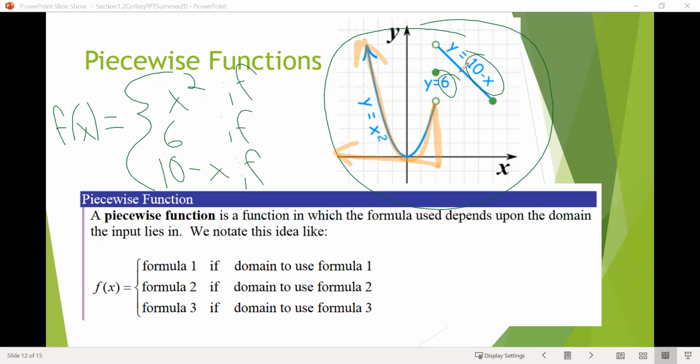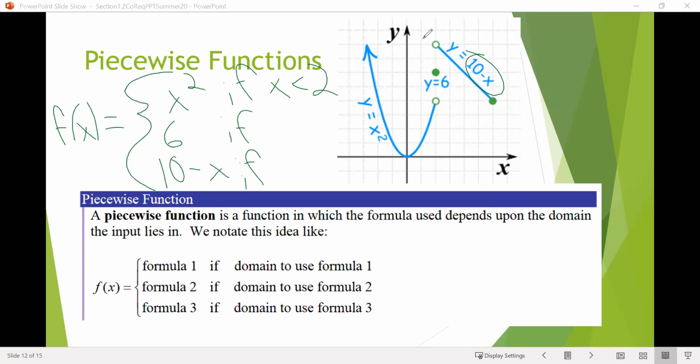What values of x are being covered by that function x squared? Well, it's starting at 2, and it's going for all values below 2. So how could we write that as an inequality? Well, it looks like it would be x is less than 2, right, to mean all values below 2. And are we including 2 here? Hopefully you just said no, right, because notice there's an open dot here, so we are not including 2 in there. So we use the formula f of x equals x squared for values of x less than 2, and that's it.